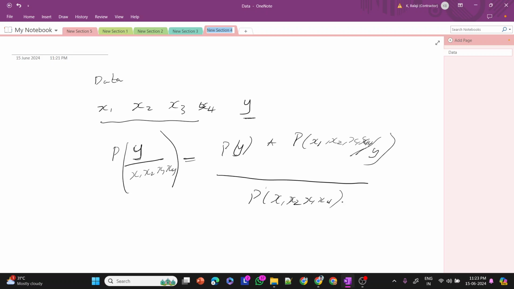We can consider this as a constant, so it will be the same for any of these conditions.